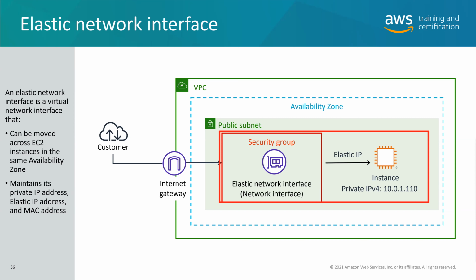The other thing worth mentioning is that since every single virtual machine has a primary network interface that you can never remove, one thing people think is that if I add additional network interfaces, it'll make the EC2 virtual machine faster. Just so you know, adding more network interfaces to a virtual machine does not make that virtual machine faster.